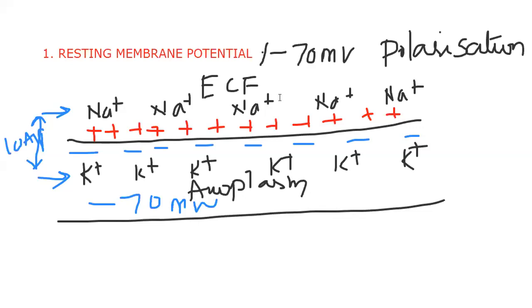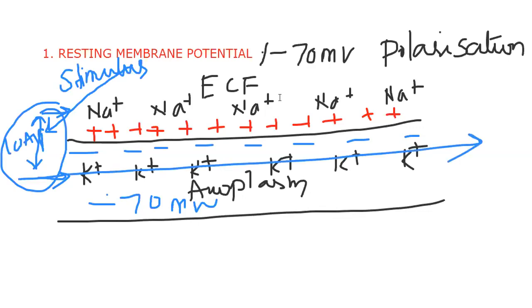Some energy we are using to hold the ions not to come in and not to go out. So if the stimulus we are giving breaks that energy, the impulse can be conducted along the length of the axon. That is the basic you need to remember.